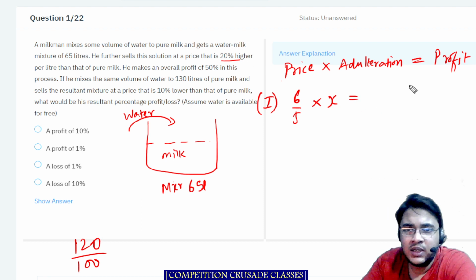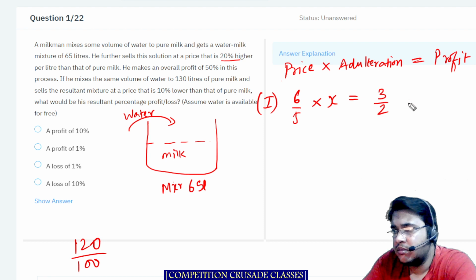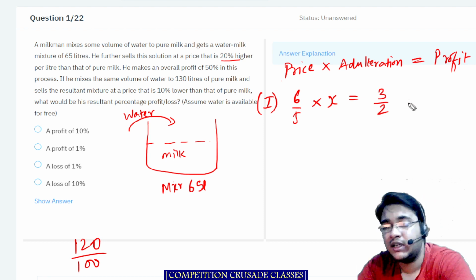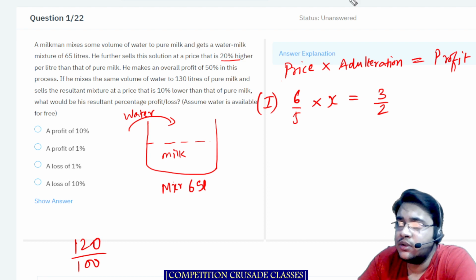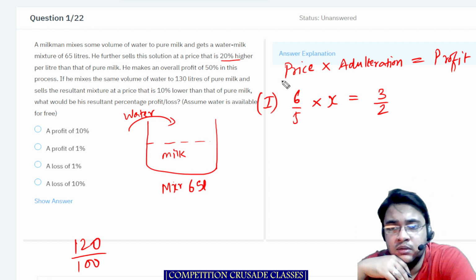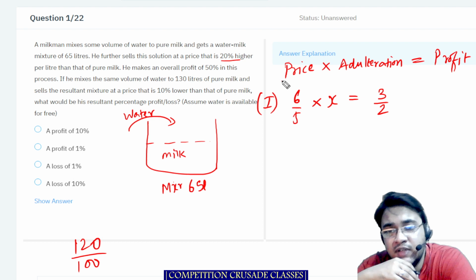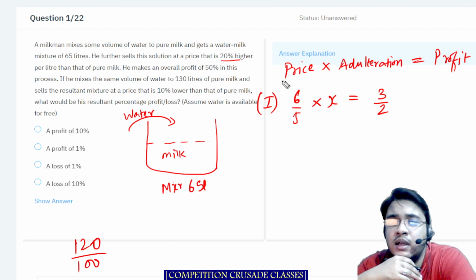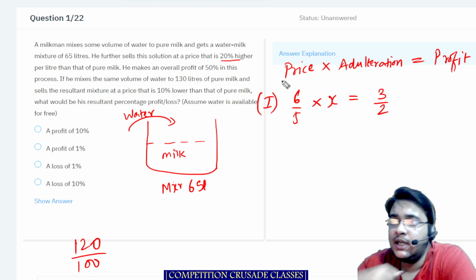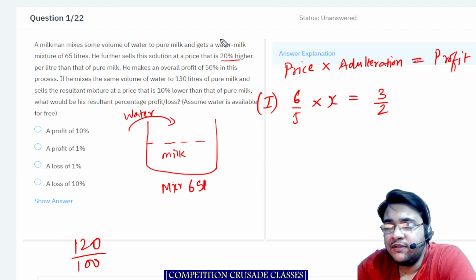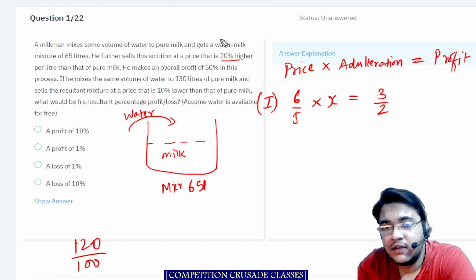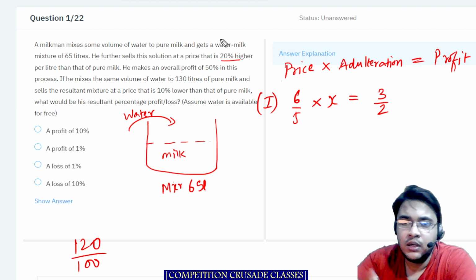50% profit, what does that mean? So this is going to be again 150 by 100, and you can get the multiplying factor. Please understand, I know that there is an adulteration factor in this question for a very specific reason, and that is because, very interestingly, if he had just hiked up the price by 20%, he would not have received a 50% overall profit.